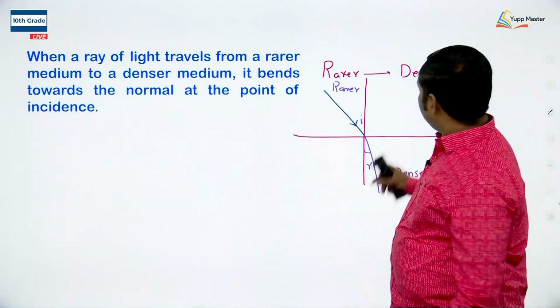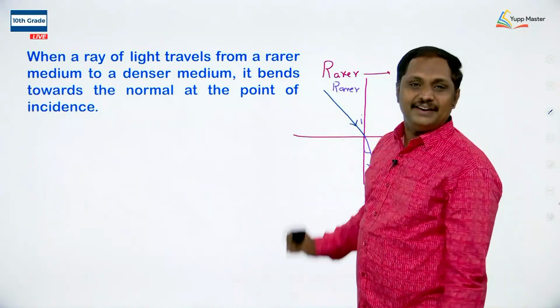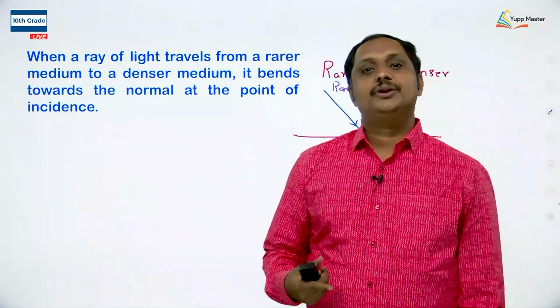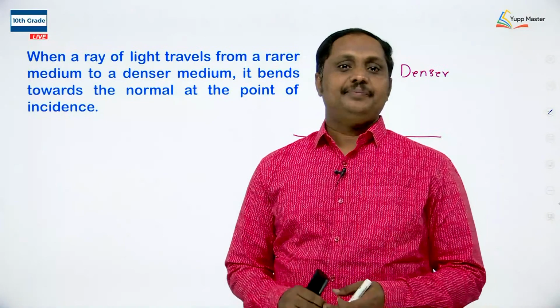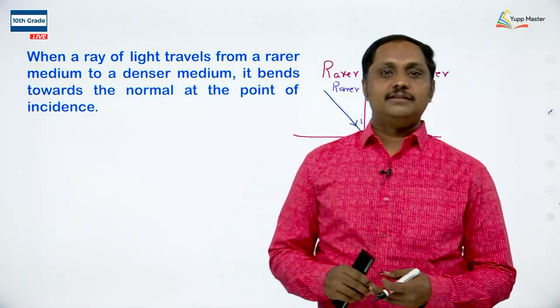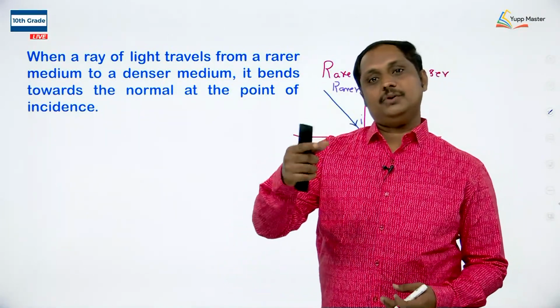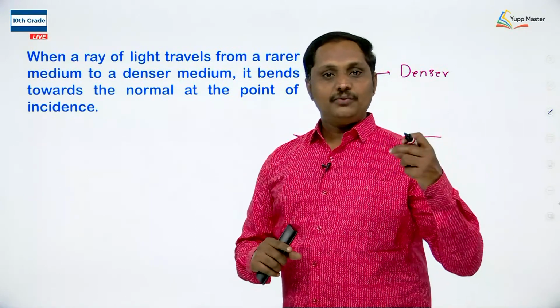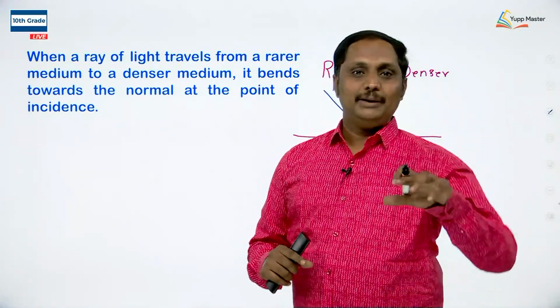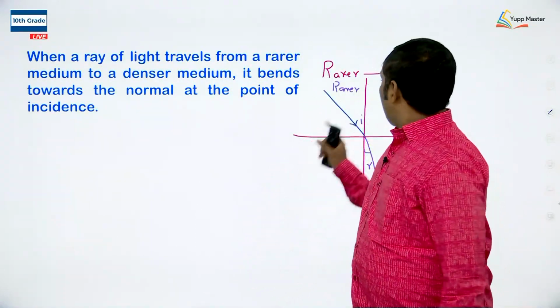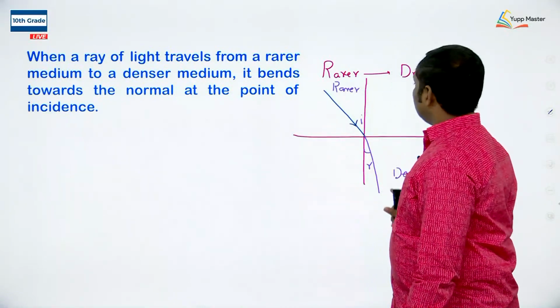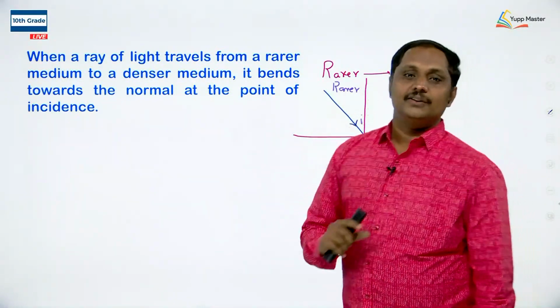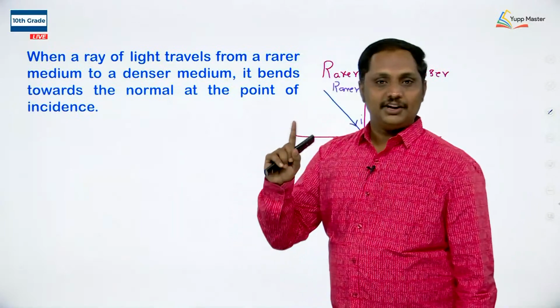If you look into the matter of the rarer and denser medium, what is the difference? Density and speed of light. In the rarer medium, you know very well, the speed of light is maximum as compared to the denser medium.